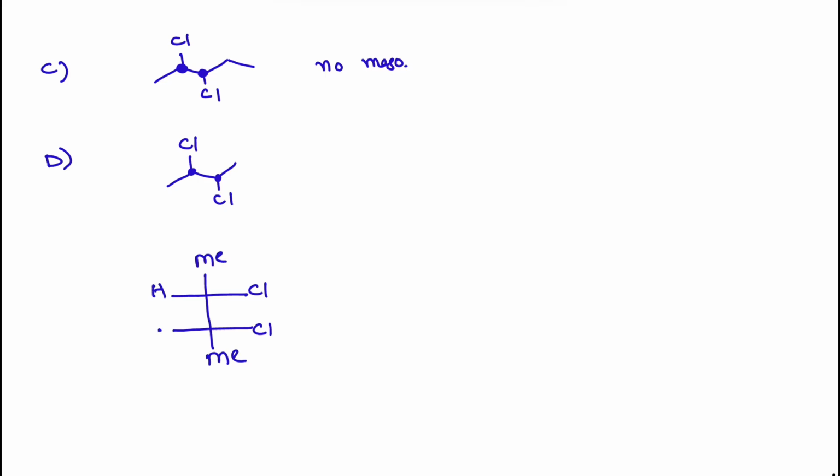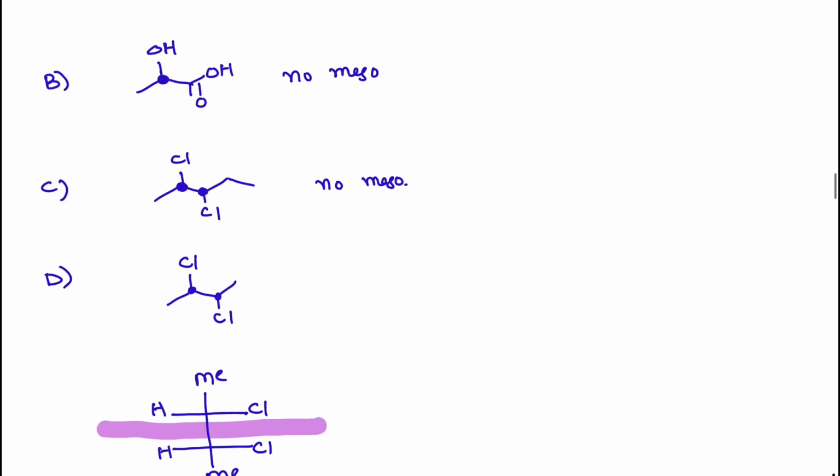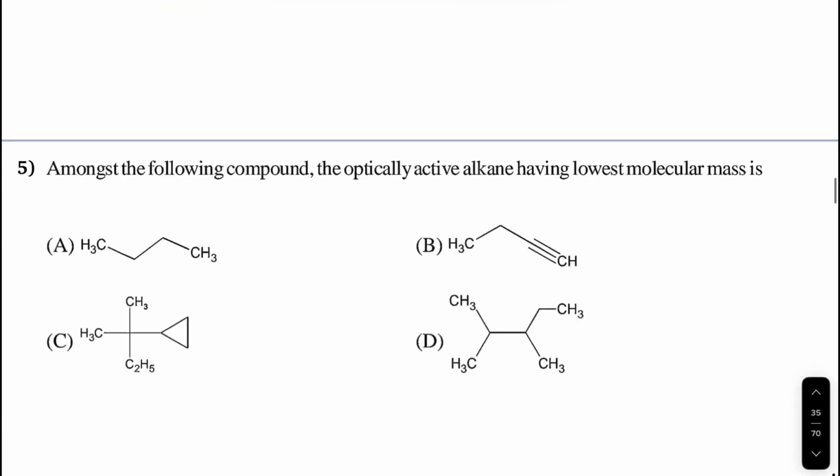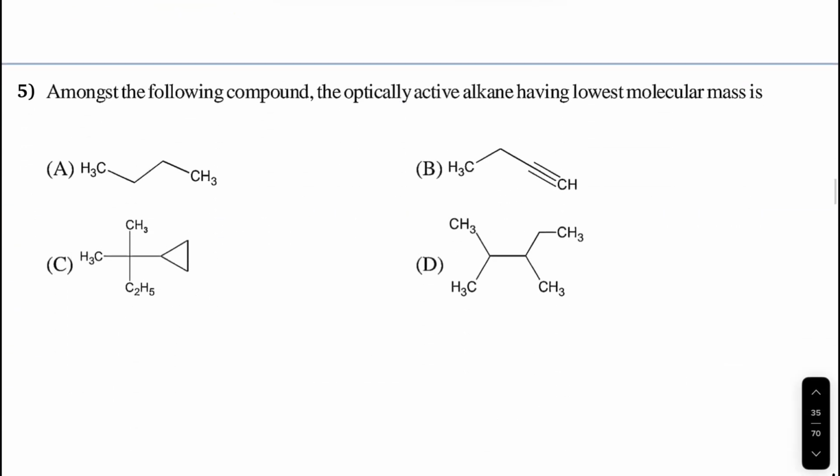This is one stereoisomer and it has a plane of symmetry, so this is optically inactive. The molecule containing 2 or more chiral centers and optically inactive is called a meso compound. So obviously the answer is D. Next one.